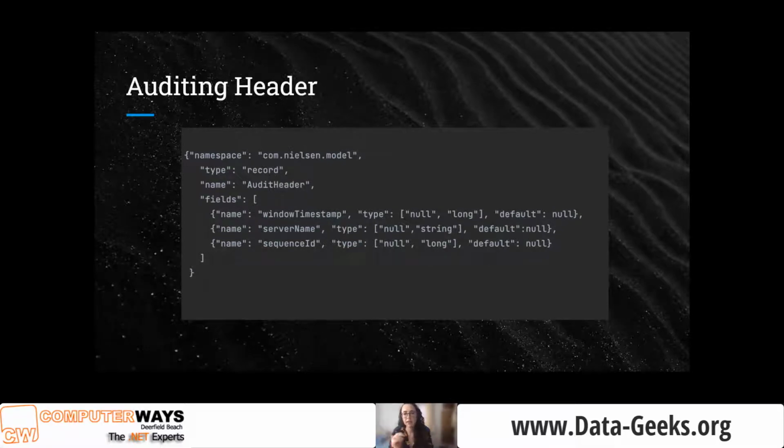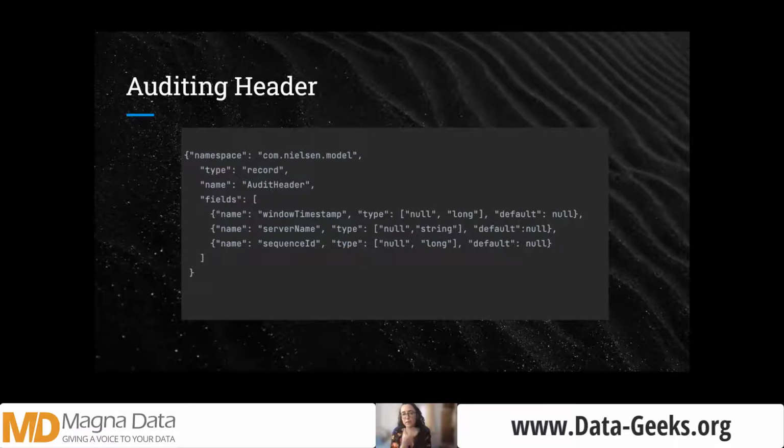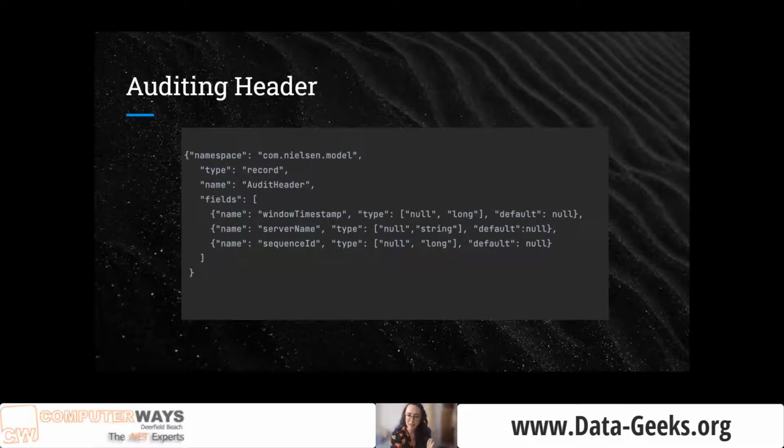And this header we injected, and we'll go a bit more into how in a few slides. We just injected this piece of data into every message of every topic that we wanted audited. So what this has is a window timestamp, a server name, and a sequence ID. And the sequence ID is a bit of a spoiler.